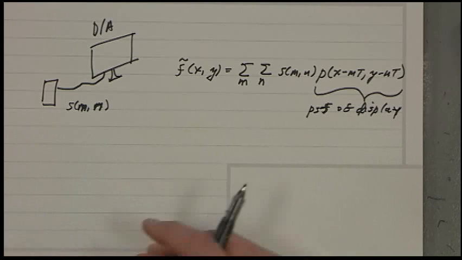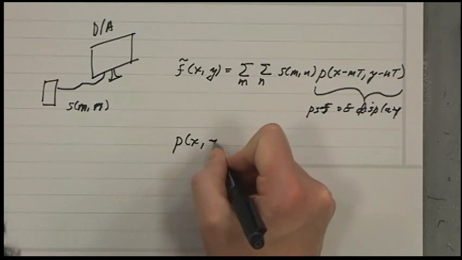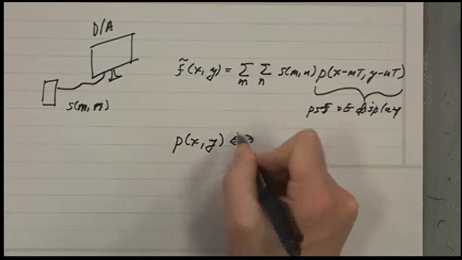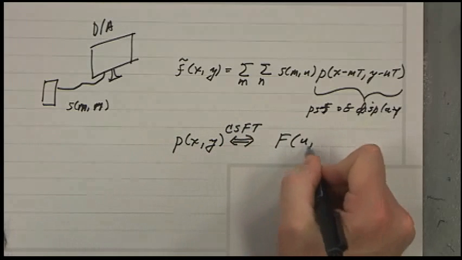Hold on, I think I have this. Okay, but whatever it is, if you have P of xy, its continuous space Fourier transform is P of uv.